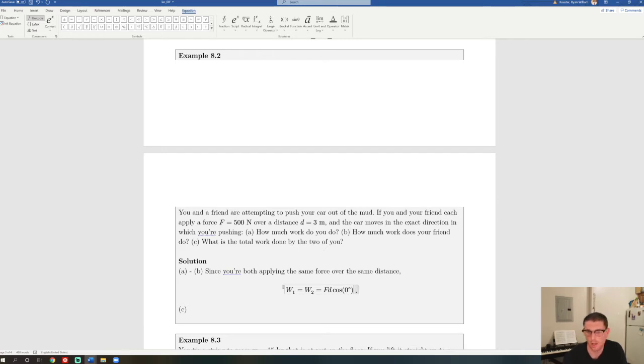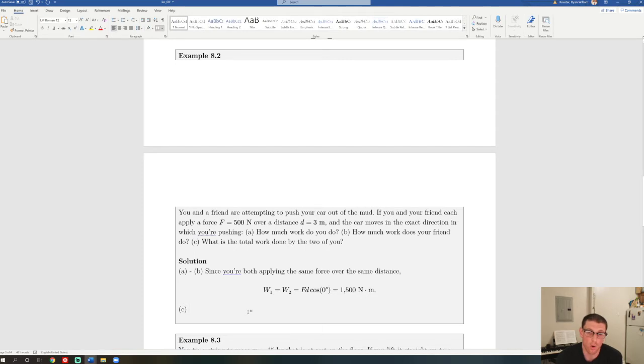And so you each apply, I don't want to say you apply a work, but the amount of work done in this instance is 1,500 Newton meters, okay? So we could think of this as how much energy you exert when you perform this action. And so that's all well and good.